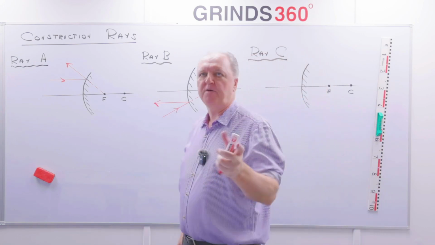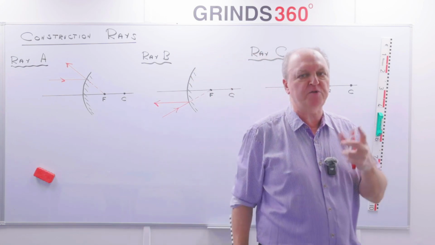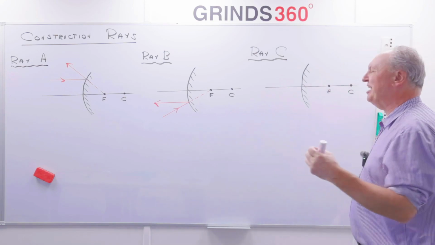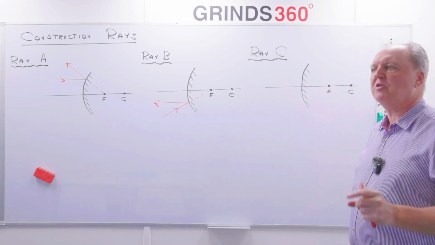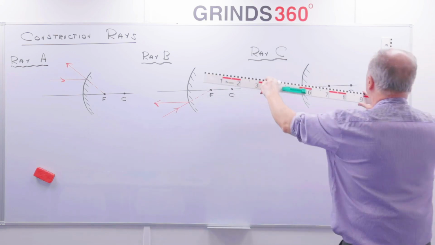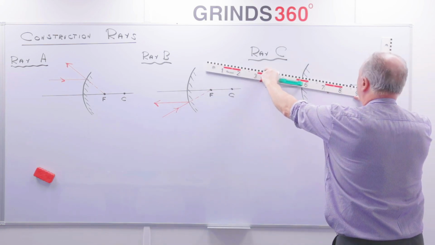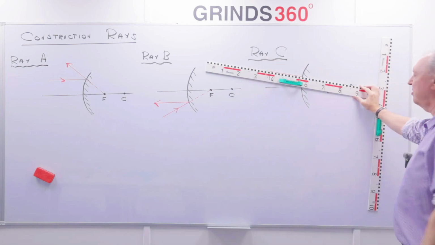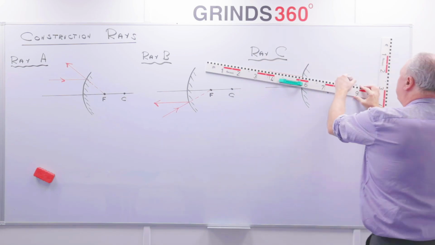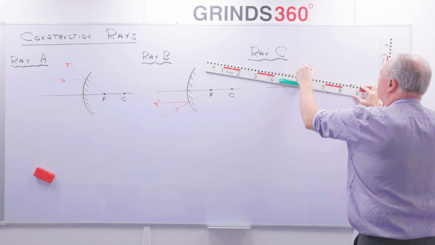And then my third ray, we talked about this with concave mirrors as well. A ray of light straight at the mirror. And what does straight at a mirror mean? Straight at a circle means perpendicular to the circle. So if I send in a ray of light that is perpendicular to that circle, then it is a line going towards the center.